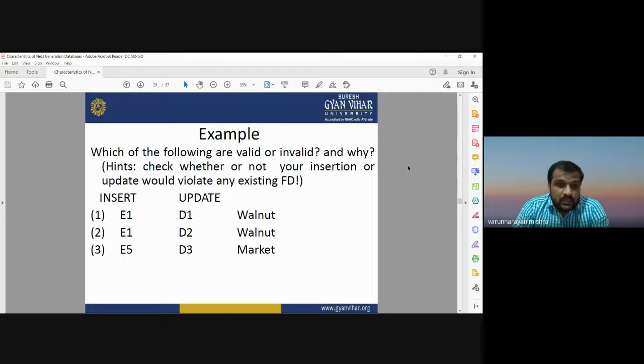A hint is given that we should first check whether or not your insertion or update would violate any existing functional dependency. So we have insert options for E1 and E5, and update D1, D2, D3, and the locations Walnut and Market.